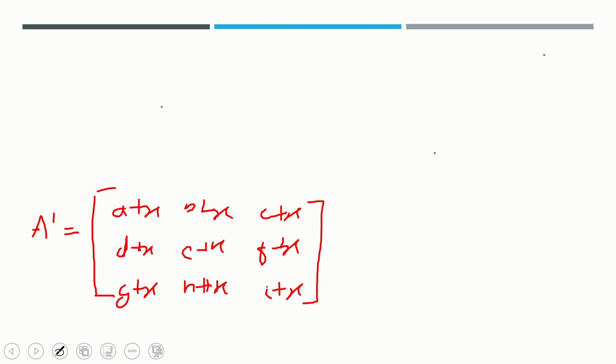I need to find the determinant of A dash. Your mind will say that I have to do row and column operations, but our research suggests that you should not do column and row operations. It will not give you the exact answer.